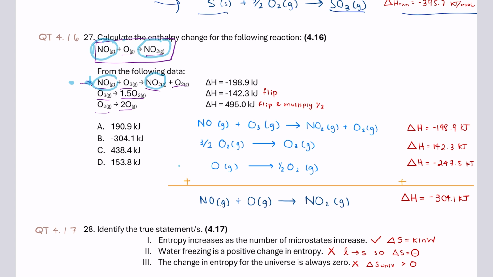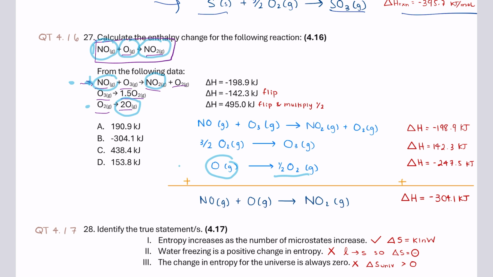Then our second reactant is 1 mole of atomic oxygen. The only reaction where atomic oxygen appears is reaction 3, but it appears as 2 moles and as a product. So what we're going to do here is flip the reaction and then divide by 2. That gets us that 1 mole of atomic oxygen decomposes into 1/2 mole of diatomic oxygen gas.